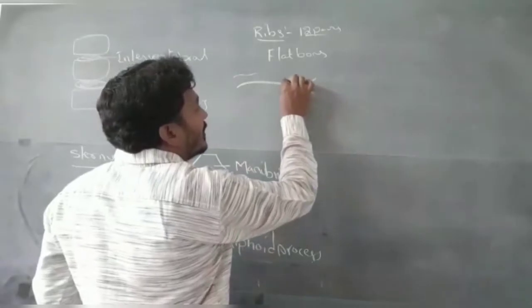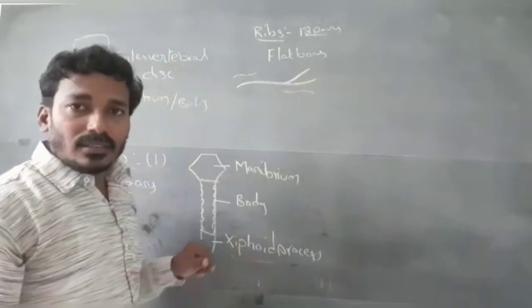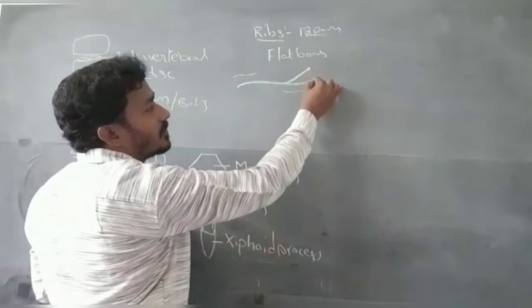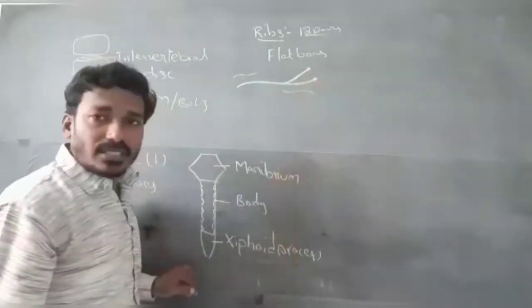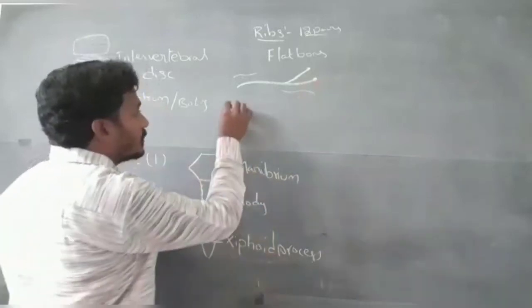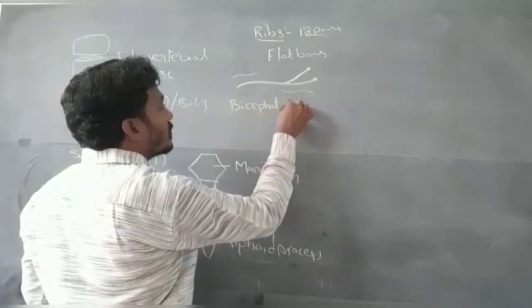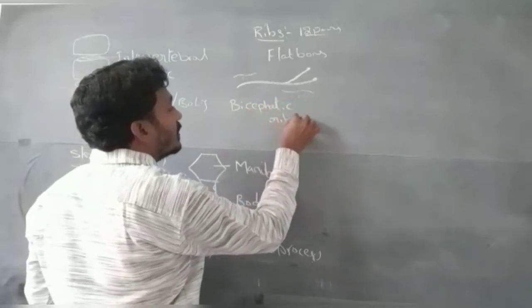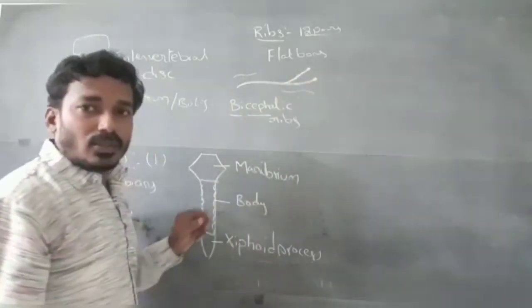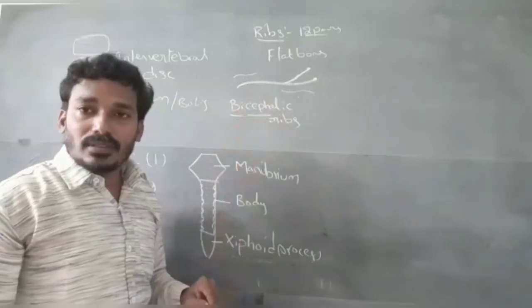Ribs have two heads, with articulation surfaces. So ribs are called bicephalic ribs. Bi, two, cephalic, head. Two heads present in the ribs are called bicephalic ribs.